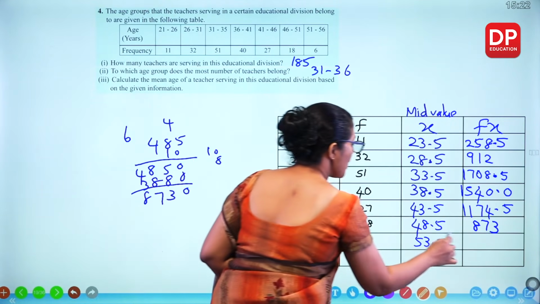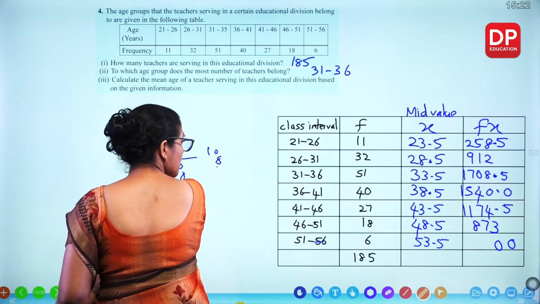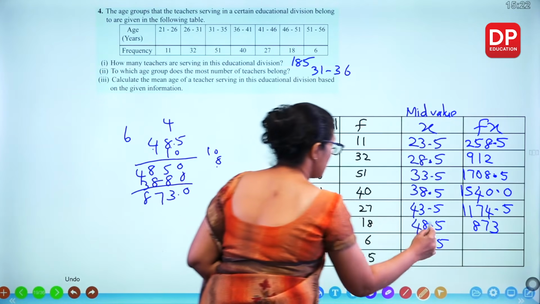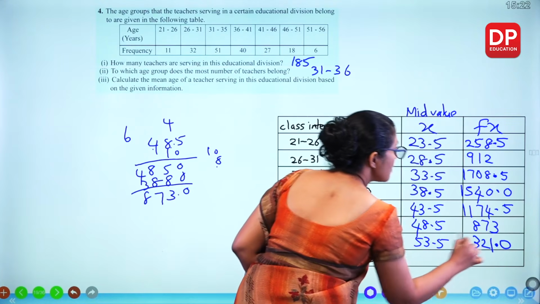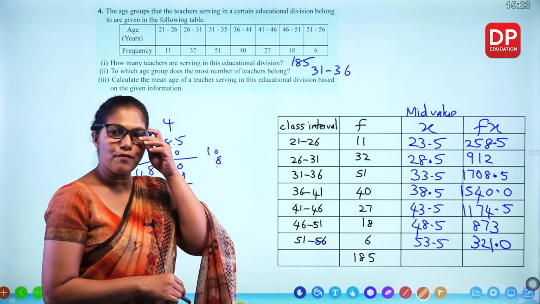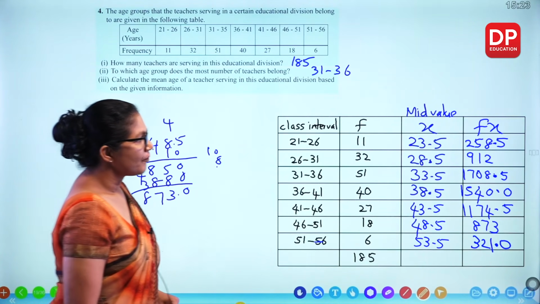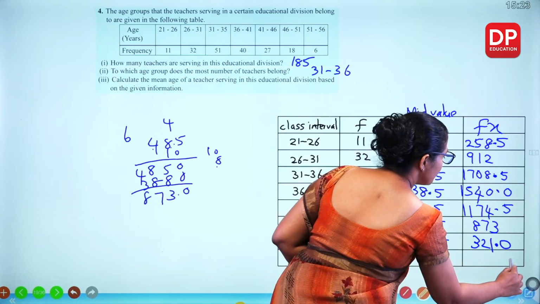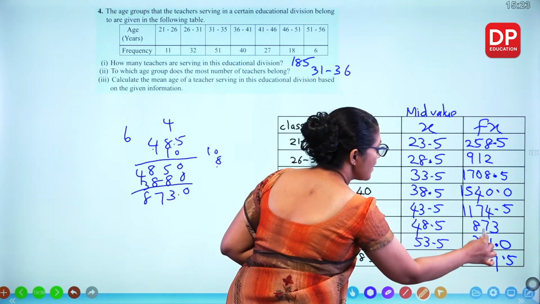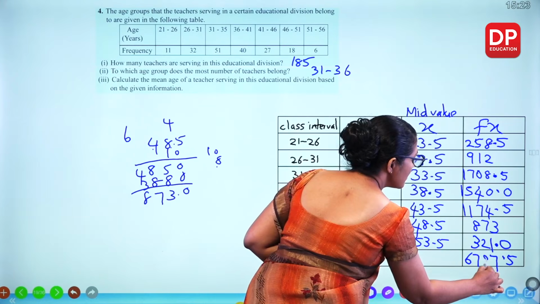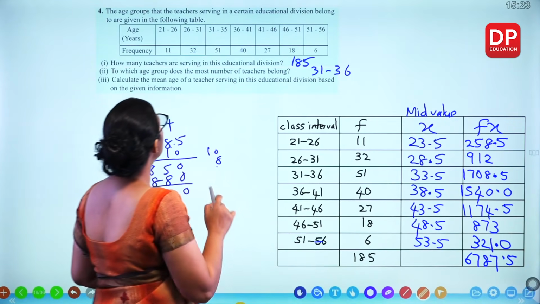Then this one, 6, I can multiply without showing. Now we have to calculate the total. So what's the total? When you add these all together, you get 6787.5. So what's the mean value?